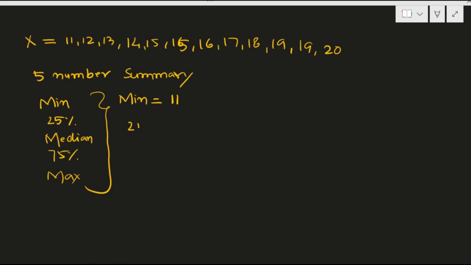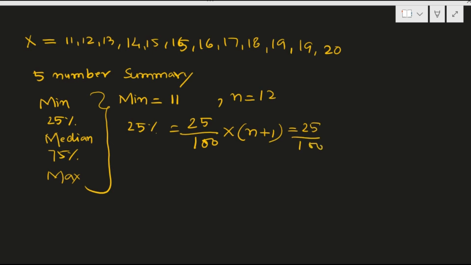Then the 25th percentile. The 25th percentile is 25 by 100 into n plus 1, where n is the number of data points. In this case, we have 12 data points, so this becomes 25 by 100 into 13, which gives around 3.25.